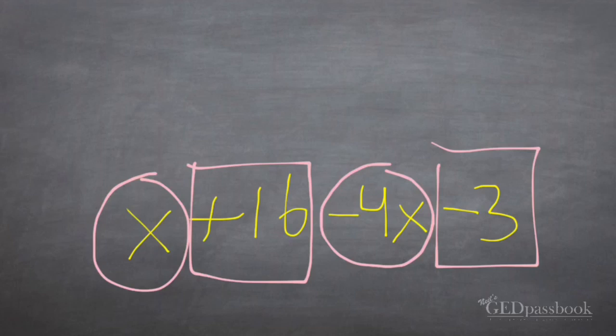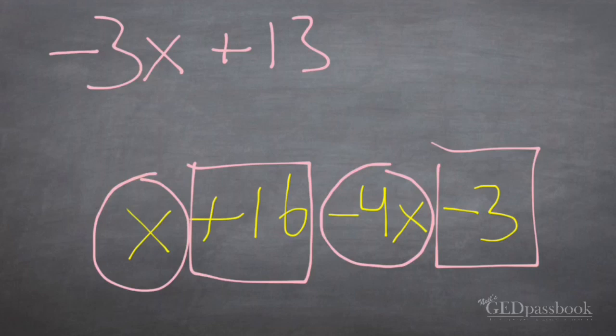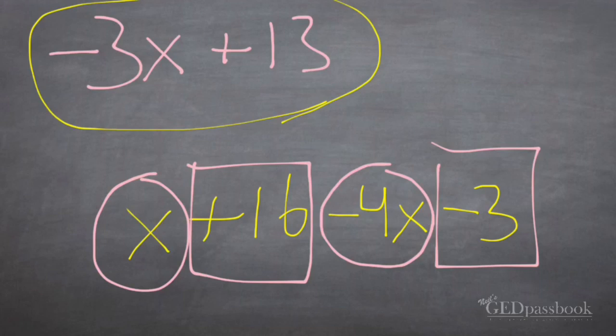That becomes a negative 3x. A 16 minus 3 becomes a positive 13. And then next thing you know, you are done. That's your answer. So that's pretty much it.